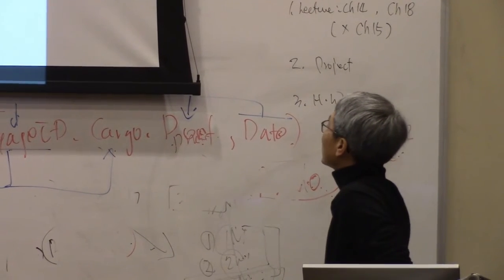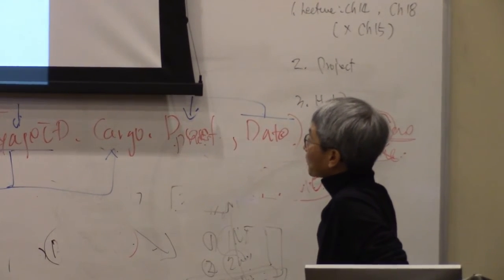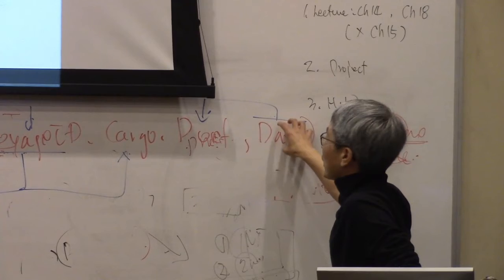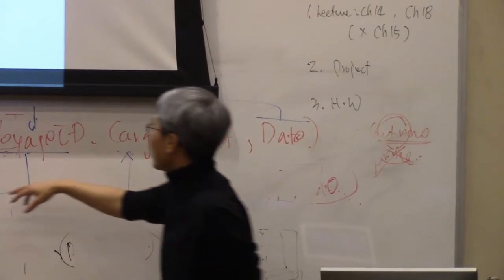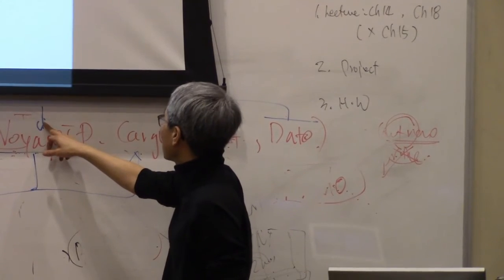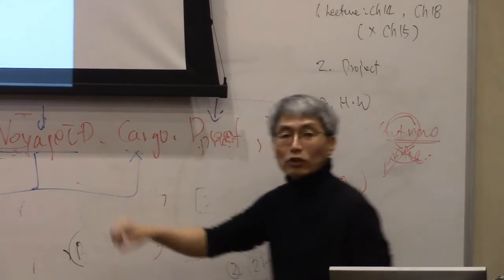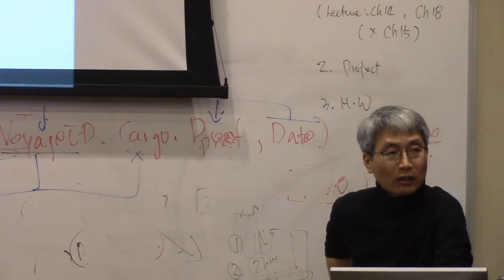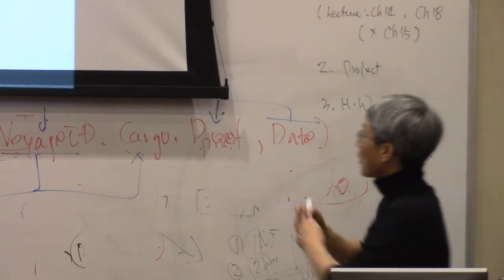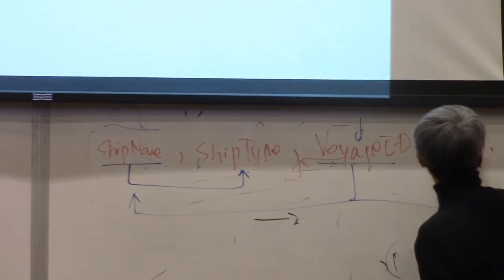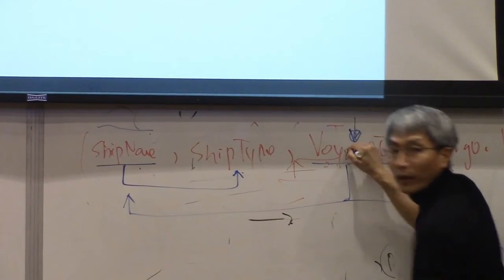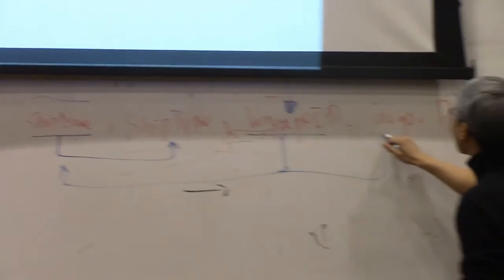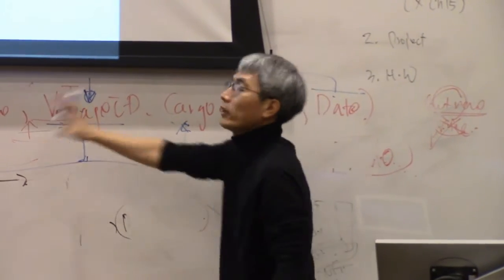So ship name and date determine the ship type and the voyage ID. Then through the voyage ID we can determine the cargo. So then we can determine everything.